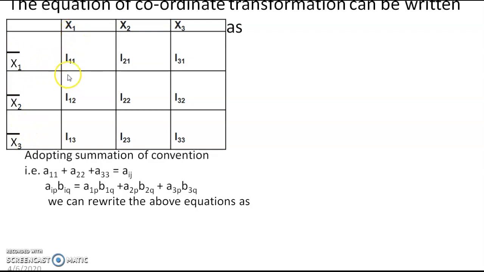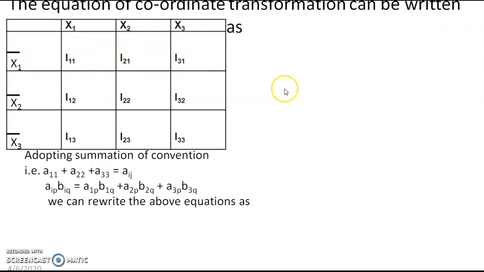So in this case, we are writing L11, L12, L13. Okay. So to find the transformation equations for x1 bar with respect to x1, x2 and x3, we will get this row.